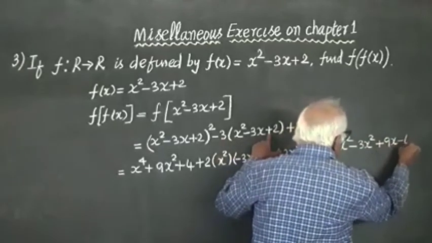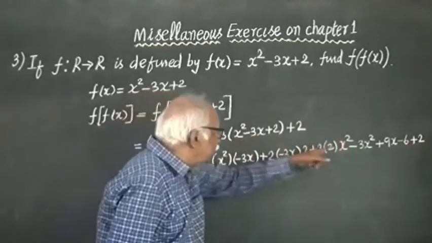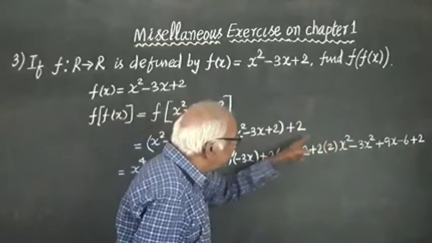Minus 6 plus 2. After removing the bracket, minus 3x square plus 9x minus 6 plus 2.